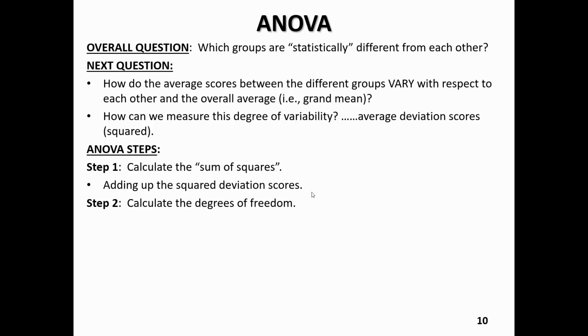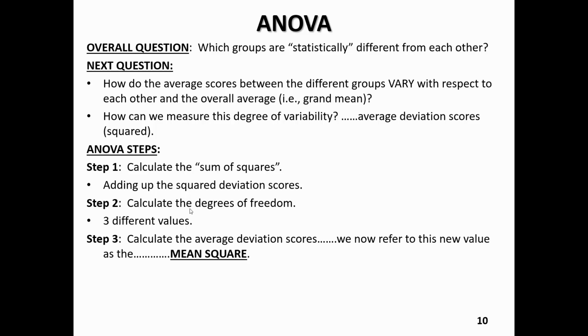The next calculation is the degrees of freedom, and like we calculated degrees of freedom when we originally calculated the standard deviation and when we performed the t-test, here we actually have 3 different degrees of freedom that we'll step through.